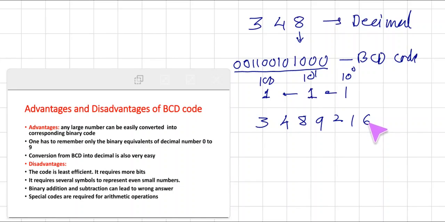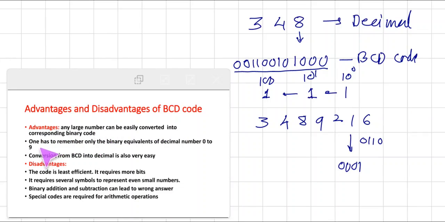So directly we can convert 6 into the corresponding code 0 1 1 0. Here it is 1, it can be converted into 0 0 0 1, and in this way it is very easy.